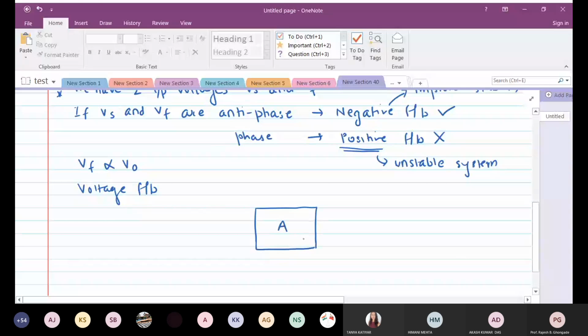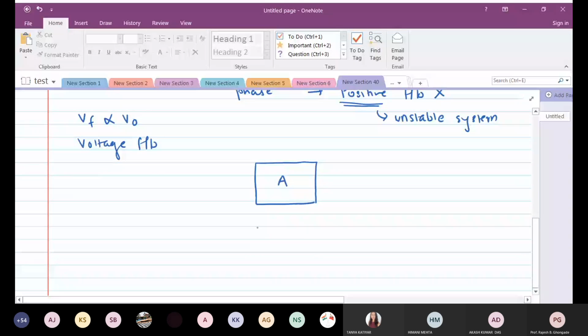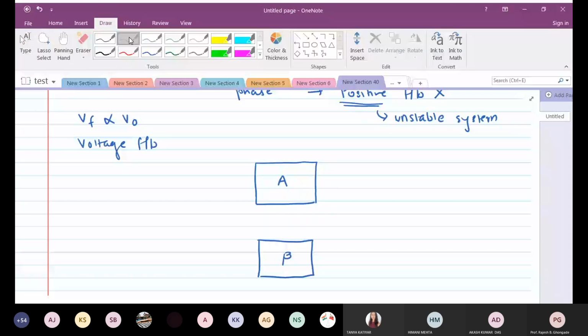This is your amplifier A. This is your feedback network beta, with the output like this. So this is plus minus Vo.